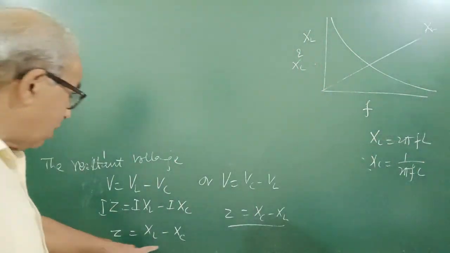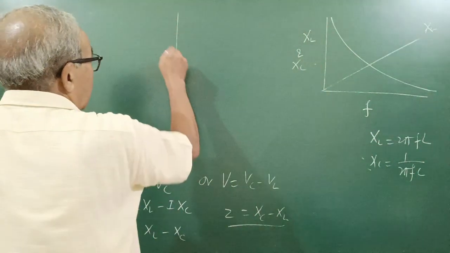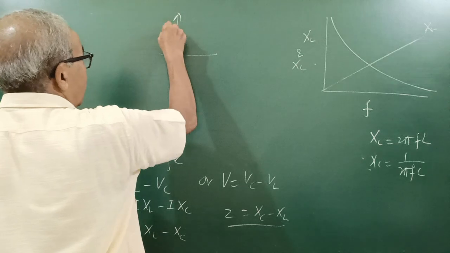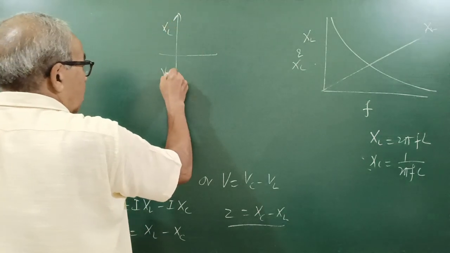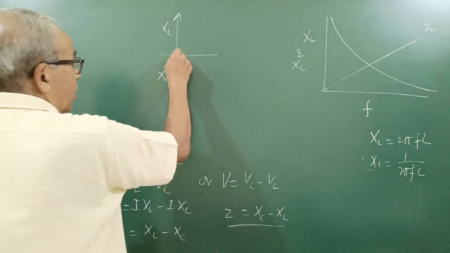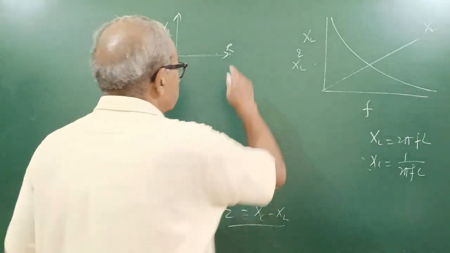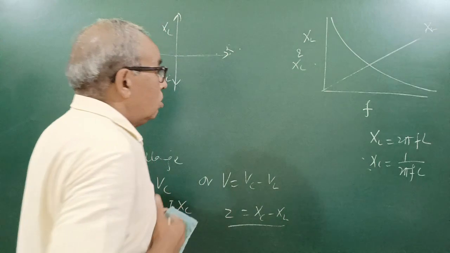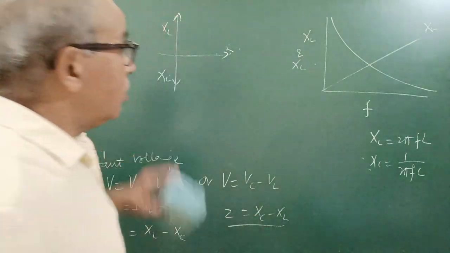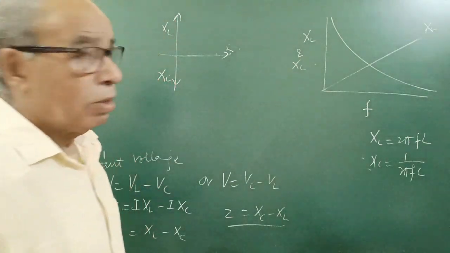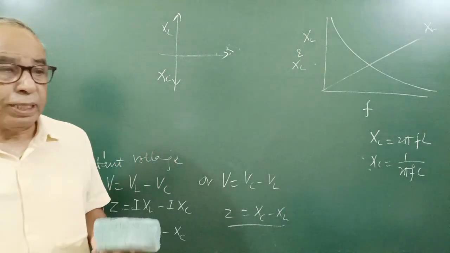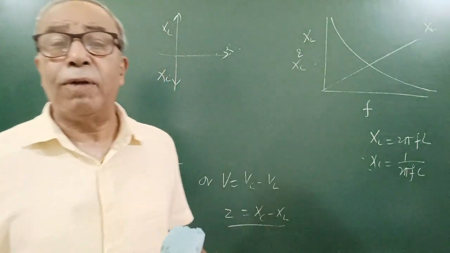And remember XL minus XC. If XL is this way, XC is this way. They are in opposite direction. R is this way. I told you these are all vectors.